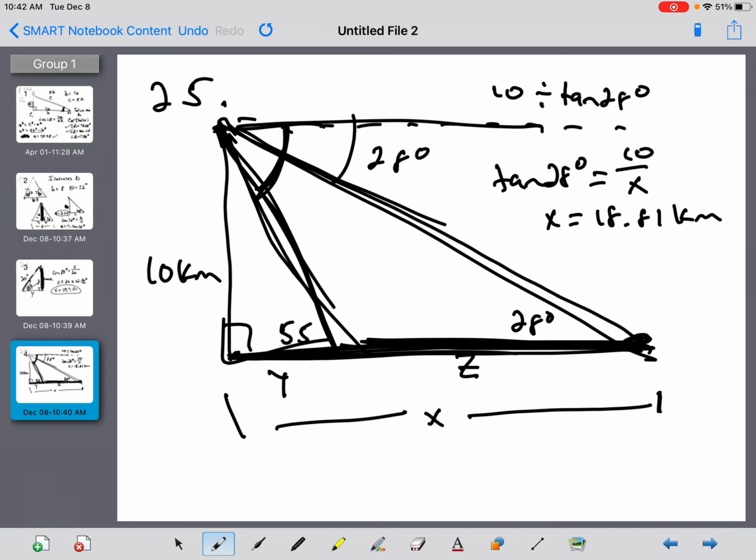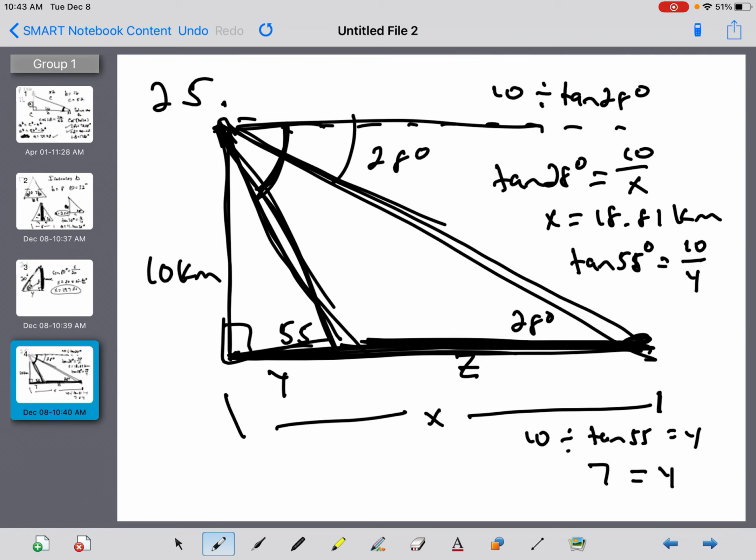All right, now I can solve for Y, and if I get X and Y, I'll take X, subtract Y, and get Z. So in this triangle right here, the tangent of 55 degrees equals 10 over Y. Again, 10 divided by the tangent of 55 equals Y. So Y is going to equal 7, pretty much right on the nose.